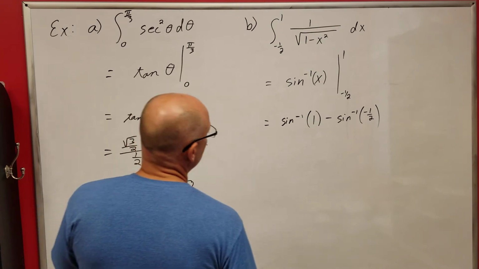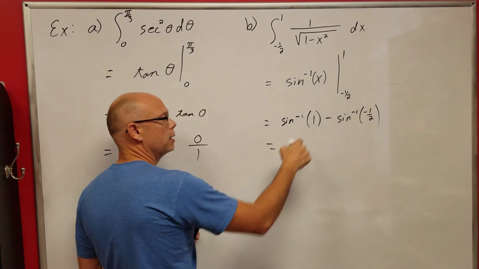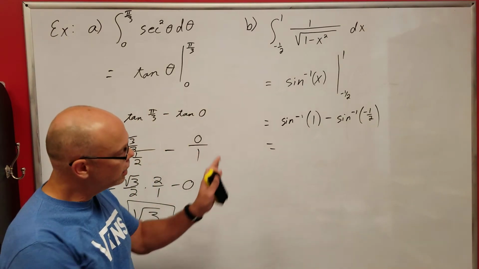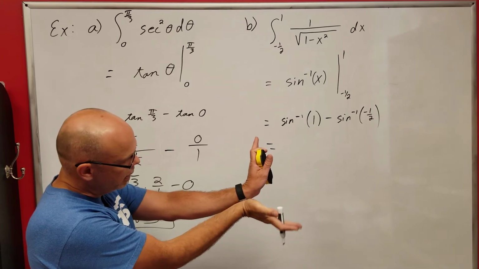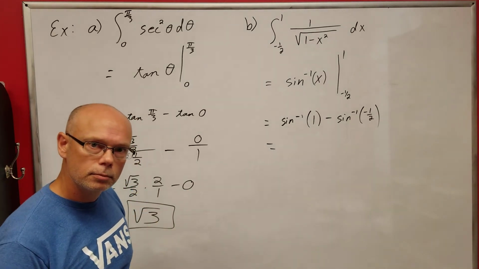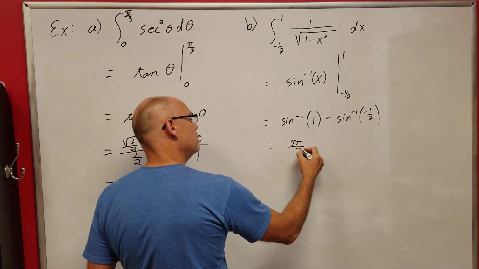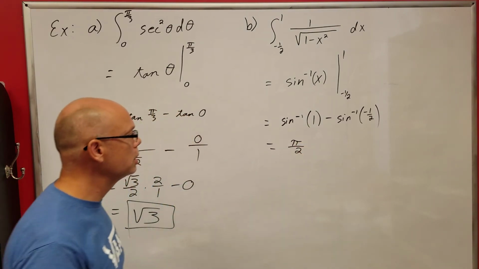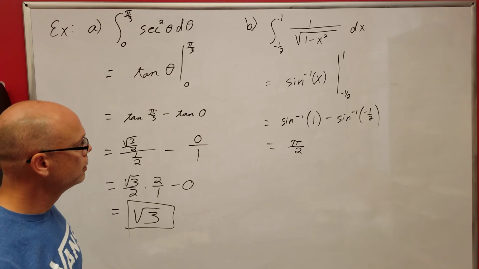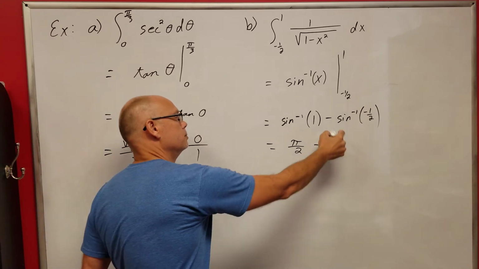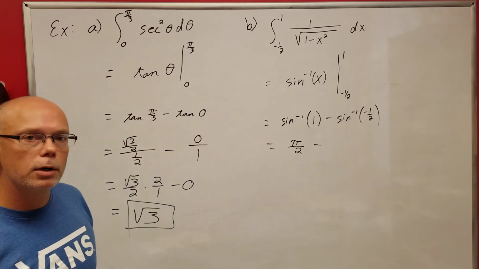All right, what does this mean? This means the angle whose sine is 1, and that angle has to fall between -pi/2 and pi/2. Give me the angle whose sine is 1. Would it be pi/2, minus the inverse sine of -1/2?